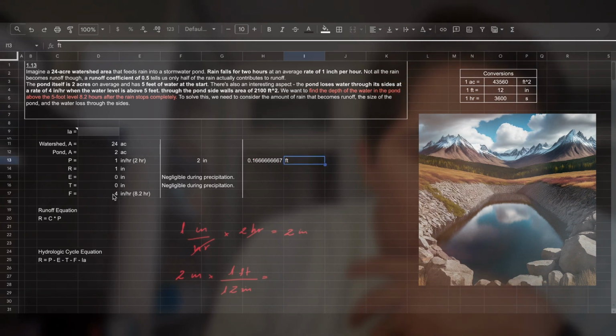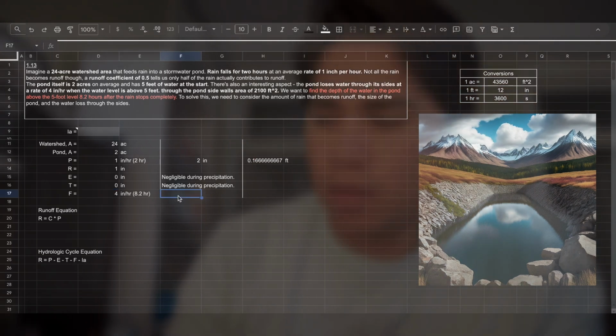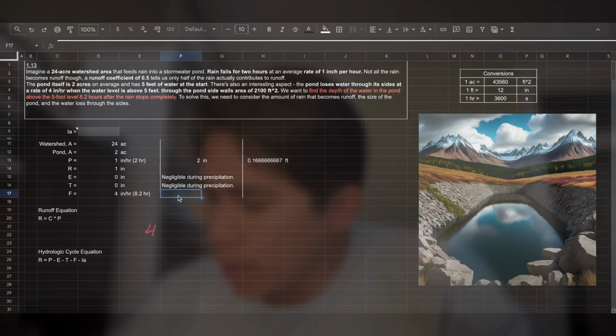Now we want to find the infiltration also in feet. To do that, we have 4 inches per hour times 8.2 hours, so that's going to cancel the hours.